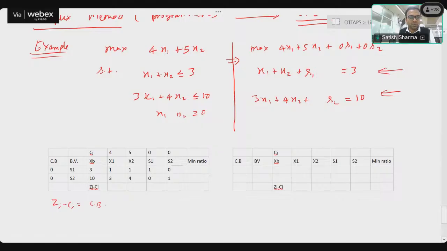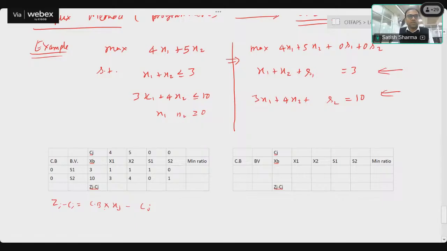CB multiplied with x, minus cj. Okay, so let's say I'm talking about the jth term, so I will put a j here as well.